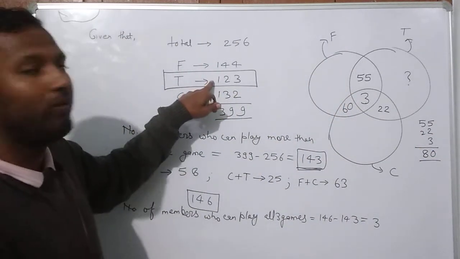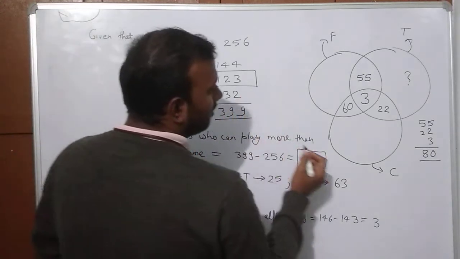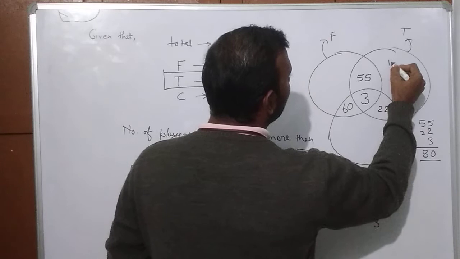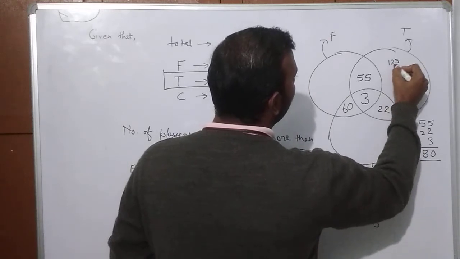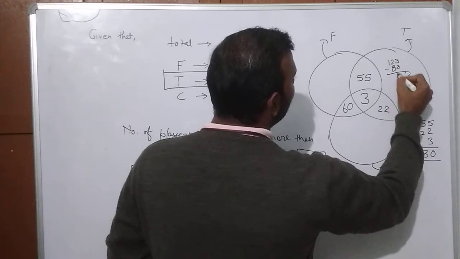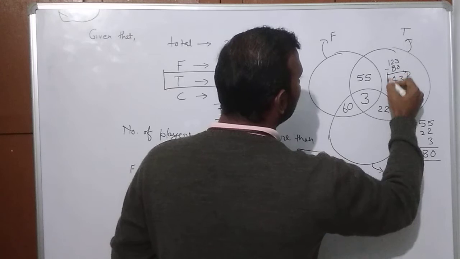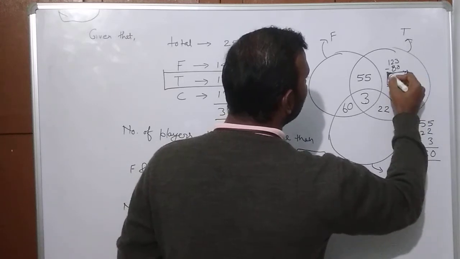And here 123. So 123 minus 80 will be 43. So 43 is our answer exactly here.